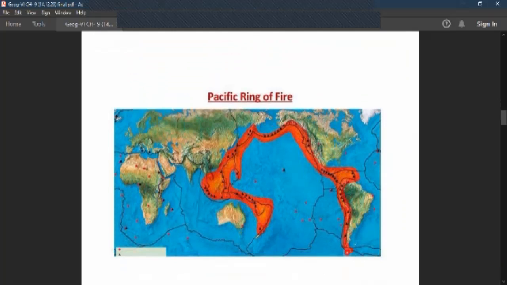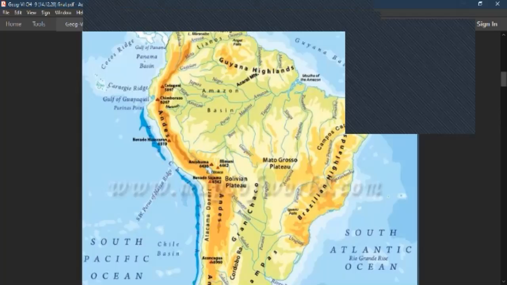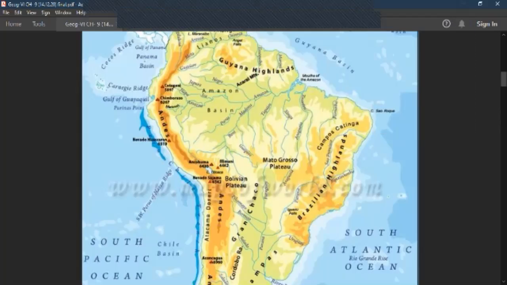The world's highest volcano, Ojos del Salado, is located here in South America and measures up to 6,893 meters in height.